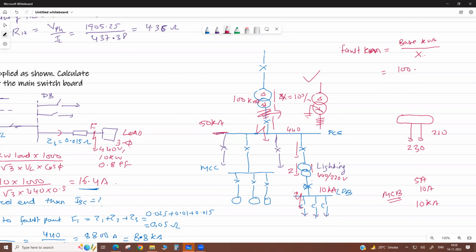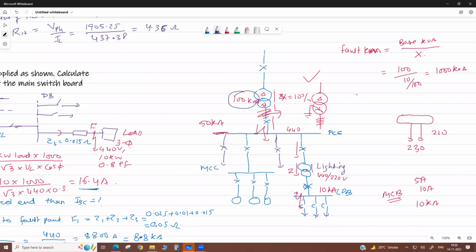Then divide by 10%, that is 100 divided by 0.1, and it becomes 1000 kVA. It means in the normal case your power capacity of the transformer is 100 kVA, but in this case it becomes 1000 kVA.